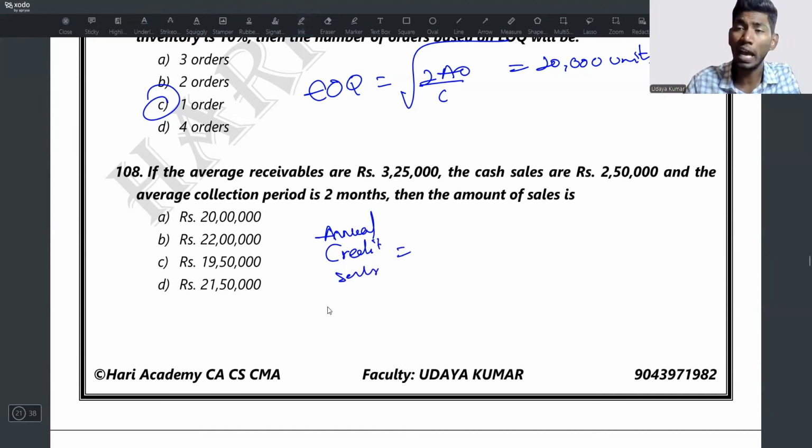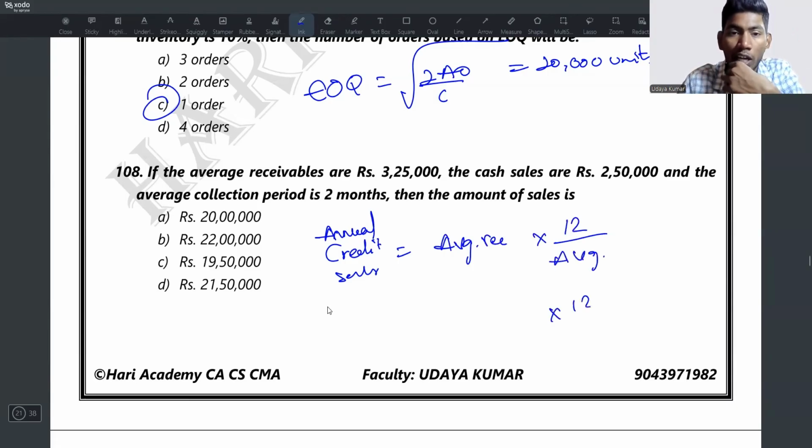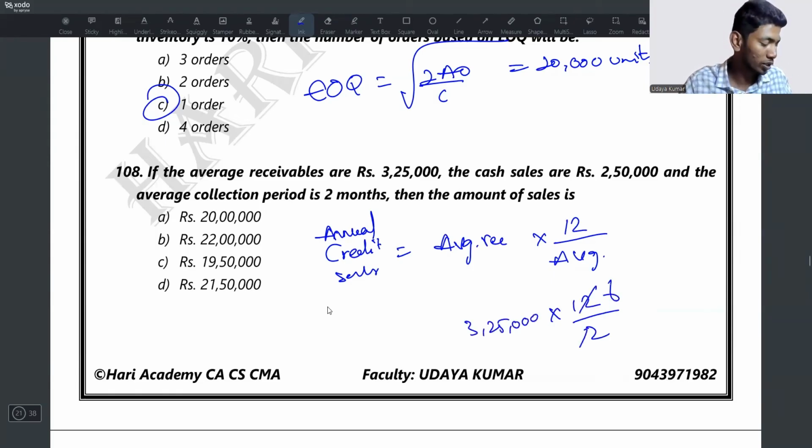So average receivables into 12 months divided by average collection period, which is 12 divided by 2 into 3,25,000. If you substitute the value, 6 into 3,25,000, what is the value? This is 19,50,000. 19,50,000 plus 2,50,000, what is it? 22 lakhs. Option B is the right option.